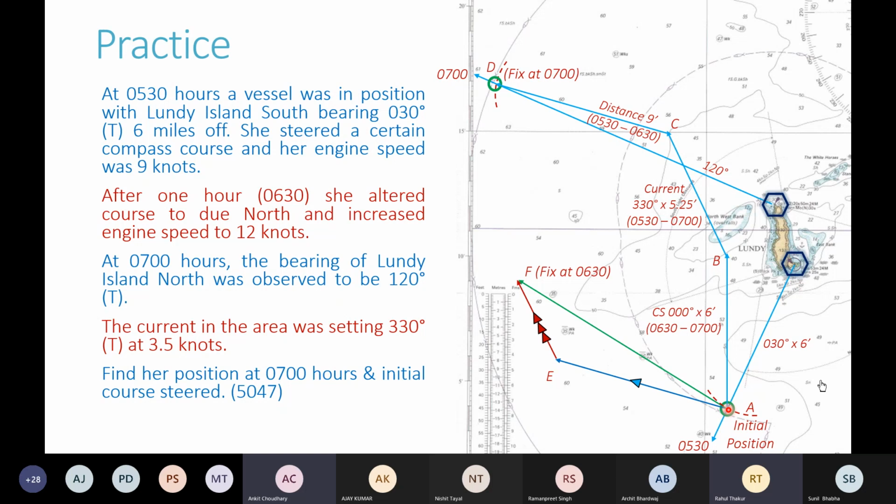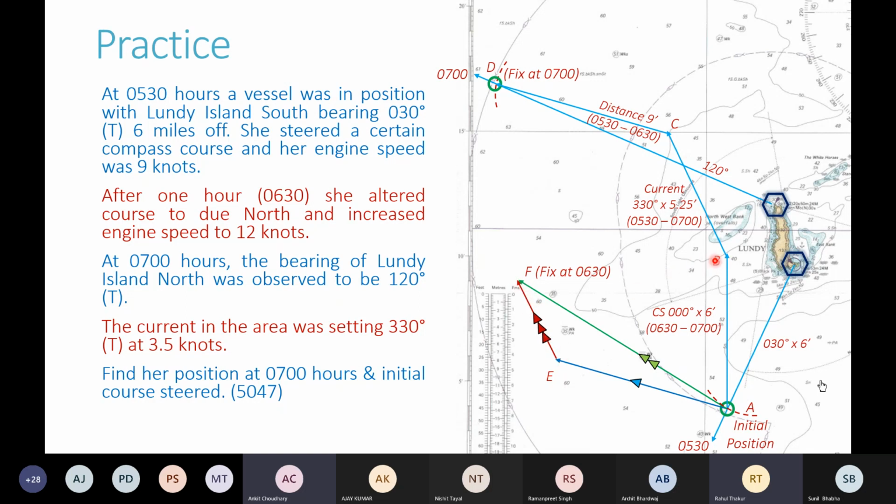And if you join my initial position A with the fix here at F, it gives me the course made good from 0530 to 0630. This is the actual track on which the ship moved from 0530 to 0630. Now, one important difference here is you see the current vector which I used in this diagram is for 1 hour.